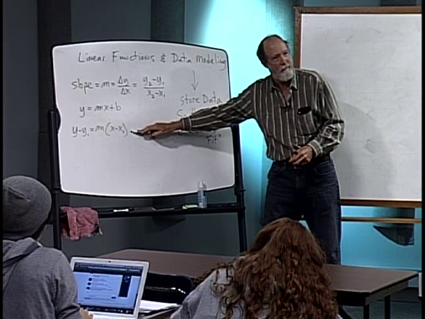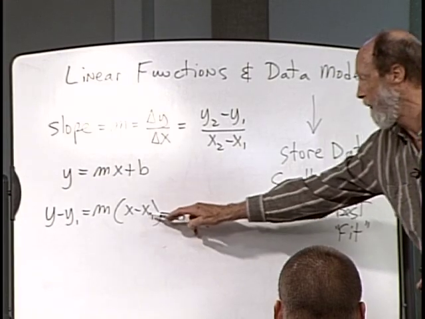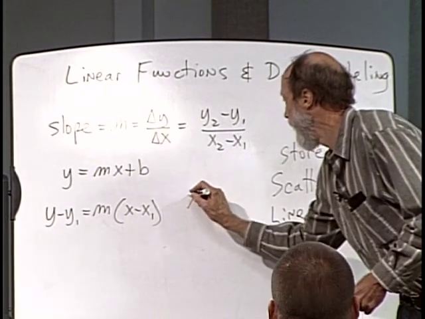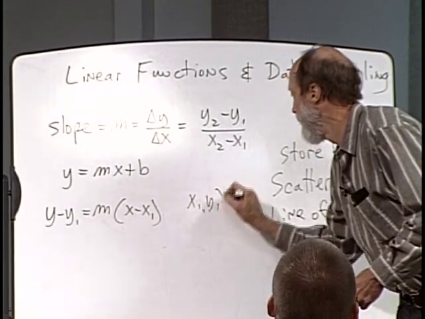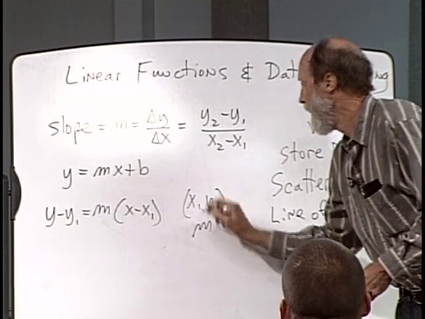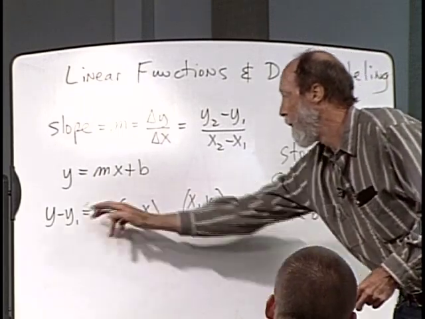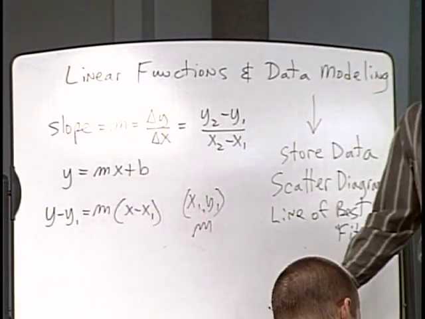What's the name of this? There's a given point, x1, y1, and a given slope, and so that's called the point-slope equation of the straight line.